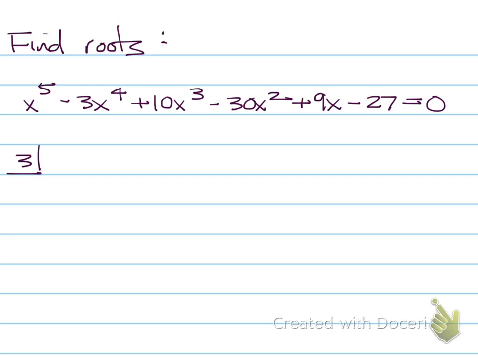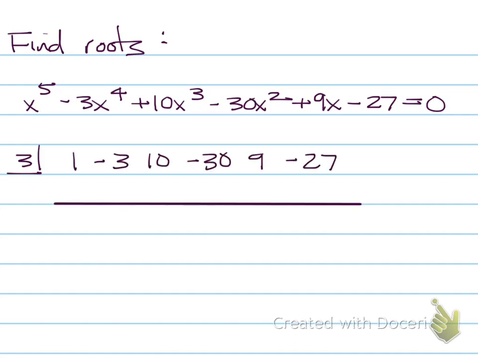So I plugged this function into the Desmos calculator and saw that one of the rational roots is going to be 3, because I saw that the graph crossed the x-axis at x equals 3. So now I'm just going to use synthetic division to divide that 3 into the polynomial, and then that will give me a depressed equation.